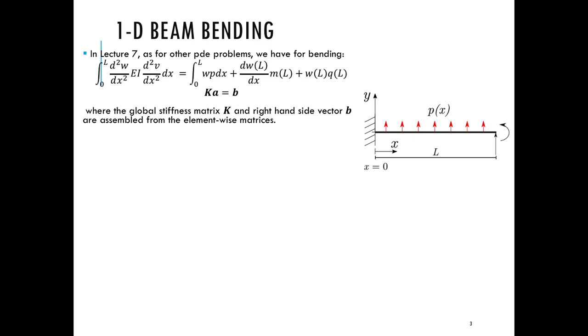Normally, as we've already discussed this before as well, the global K and B are not found directly for the global problem, but instead हम element wise इनको find करके K को और B को, and then we assemble them into the global matrices, right?